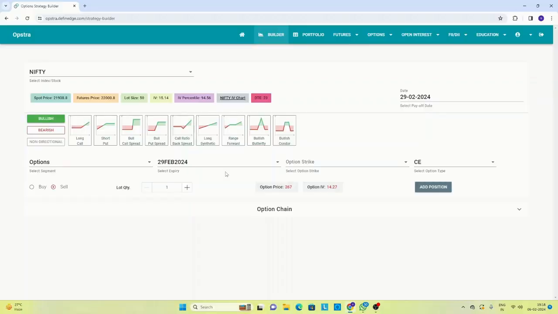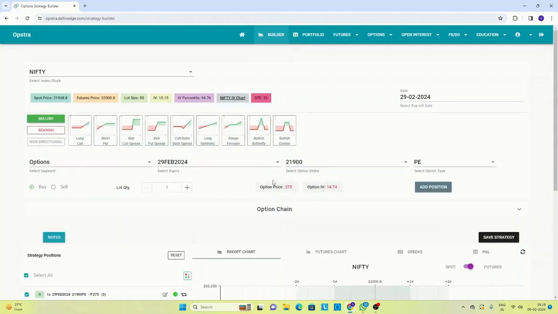Now let's see the option payoff chart for a put debit spread. So the rules, options, 29 February. So 21,900 put option, you buy one lot at the money, and then you consider 200 points as a distance.